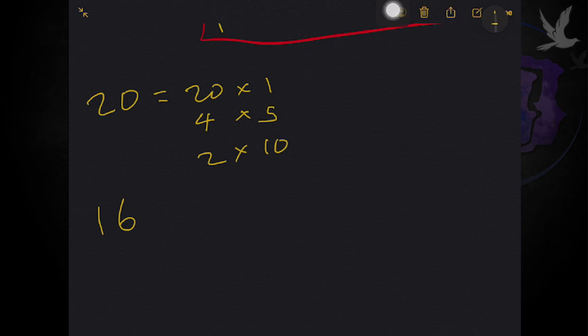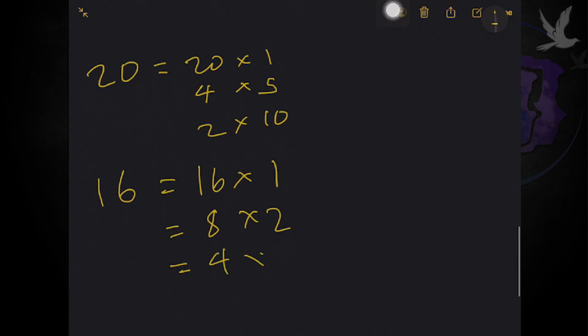The problem is here, you really need to make sure that there's no more. Otherwise, technically, you'll be missing some points. Okay. How about for 16? We can start with 16 and 1. You can try 8 and 2.